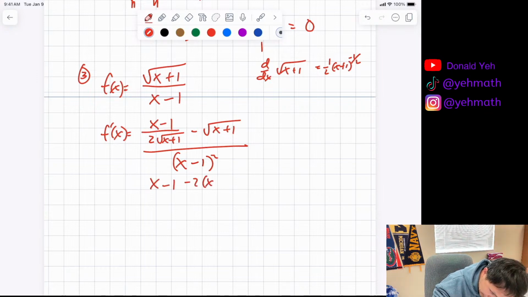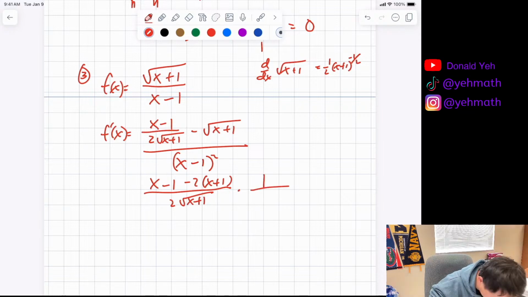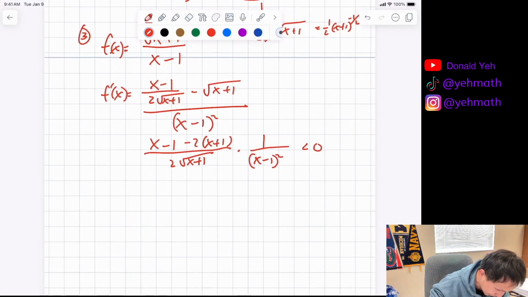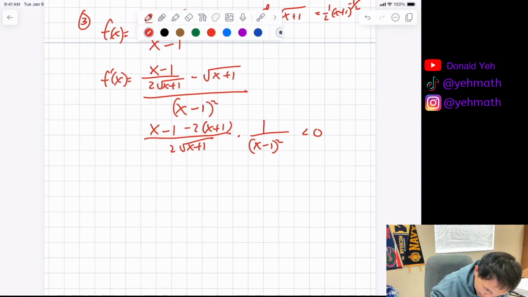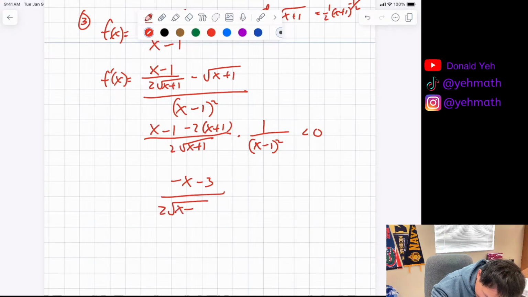Minus 2 x plus 1 over 2 root of x plus 1 times 1 over x plus 1 squared is less than 0, because we want to make sure that for decreasing, it must be negative. So what can I do here? That simplifies down to negative x minus 3, right? Over 2 square root x plus 1, x minus 1 squared.